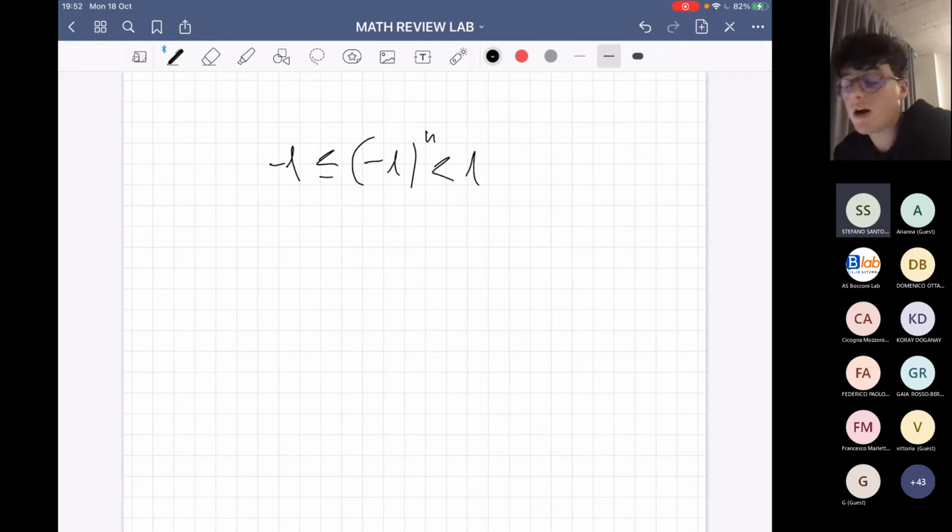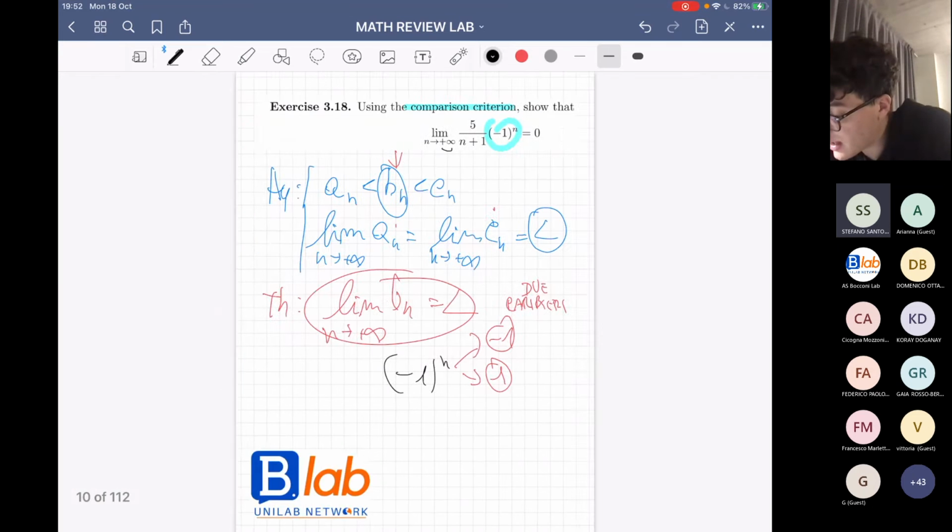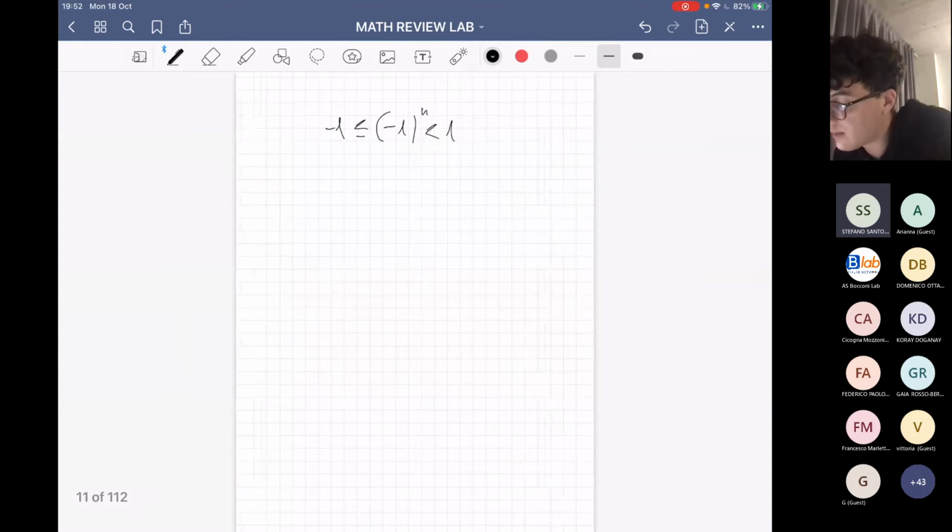Now we have to multiply everything by this other quantity, 5 over n plus 1.